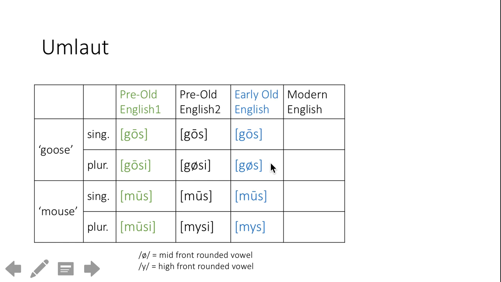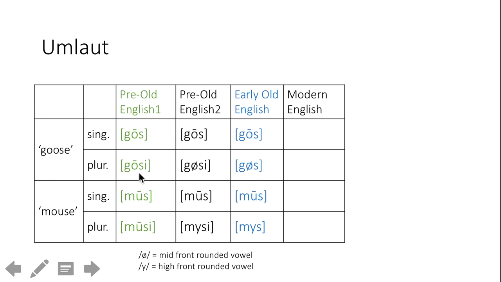So why might that be the case? If you don't see the middle stage here, then it's not very clear. But if you look at the middle, you'll notice that this vowel that used to be the plural in pre-Old English disappeared. What happened in pre-Old English was that the frontness of this vowel was affected by the frontness of the suffix.